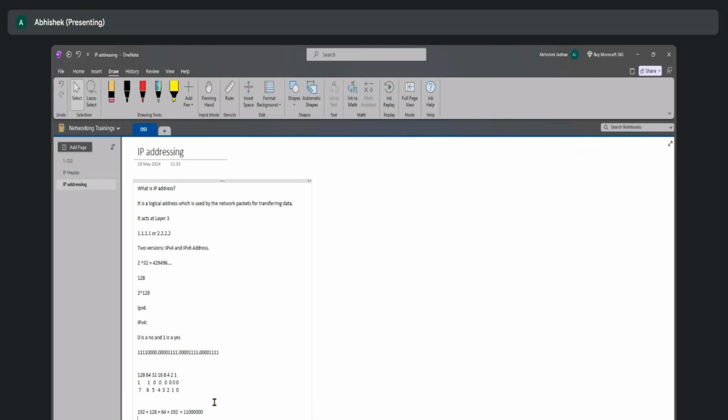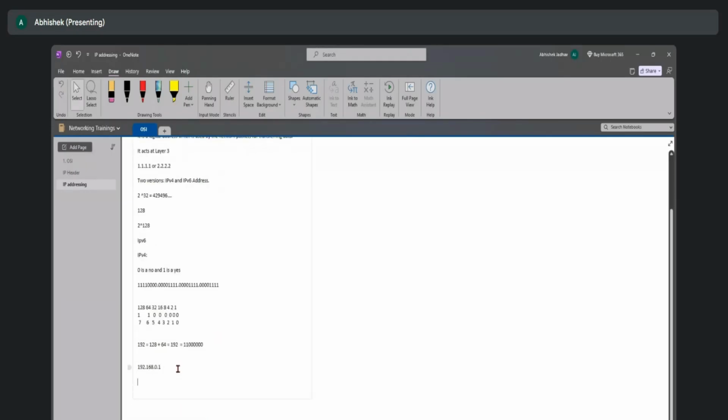Now similarly, let's say I give you an IP 192.168.0.1. Since we know the binary of 192, we can take this value here, copy it, paste it, and give a dot here.